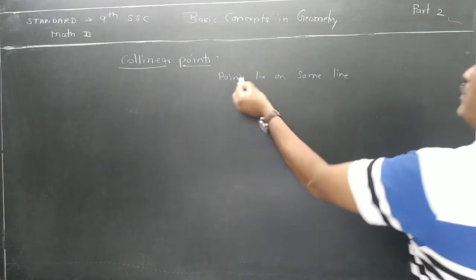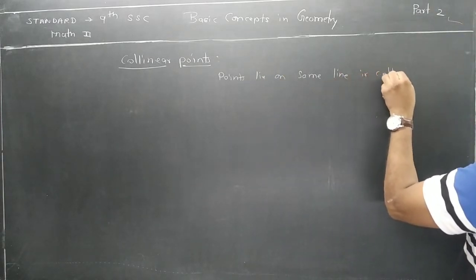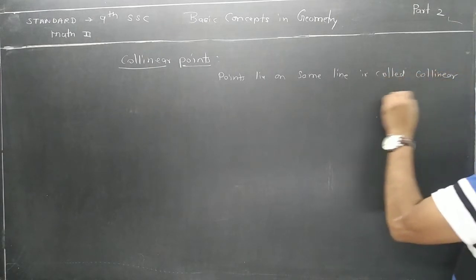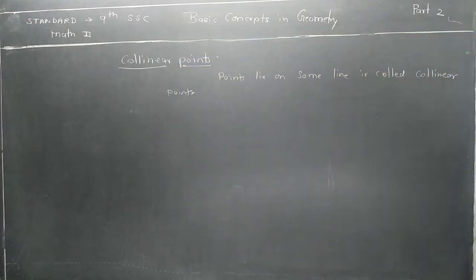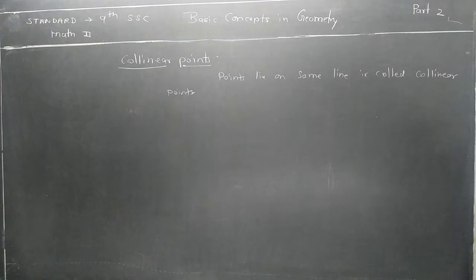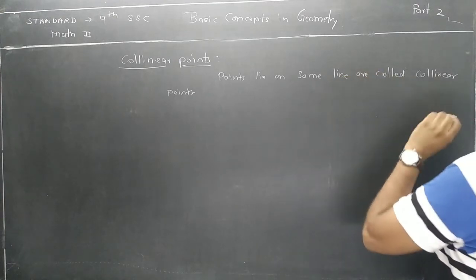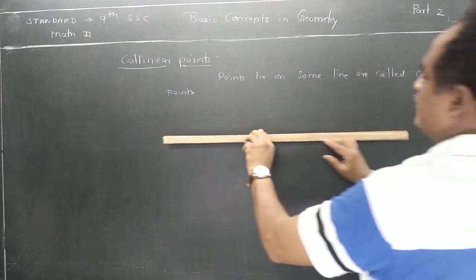The points which lie on the same line are called collinear points. The points lie on the same line, they are called as what? The points which lie on the same line are called collinear points.